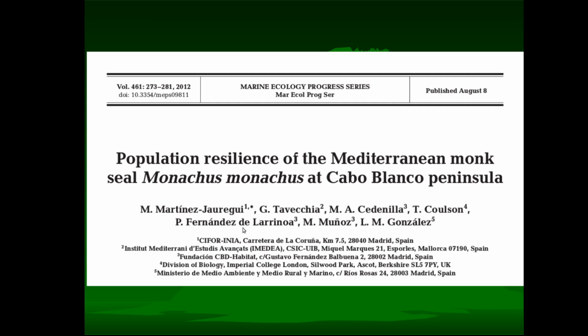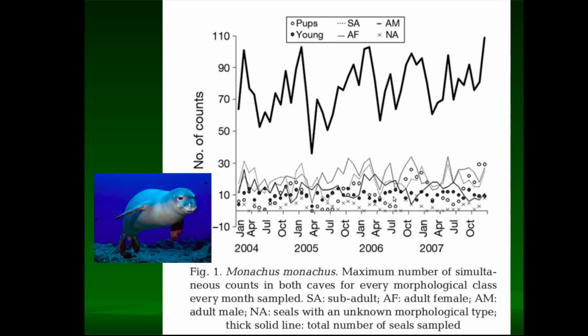All right, so apparent demographic stochasticity was documented here by this group of Spanish scientists who are monitoring the Mediterranean monk seal population. You can see there's a lot of fluctuation in the number of counts. So we've got different groups: pups, young, subadults, adult females, adult males, and not known. So you can see all the groups are fluctuating.